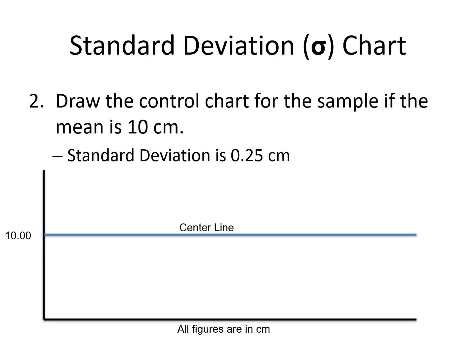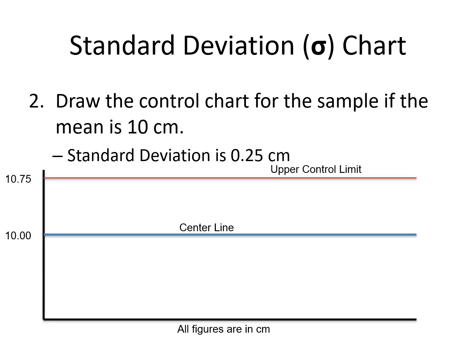Since the standard deviation is 0.25 centimeter, we know the extreme limits would be plus and minus 3 times the standard deviation. The upper control limit would be 10 centimeter plus 3 into 0.25 centimeters, which comes to 10.75 centimeter.